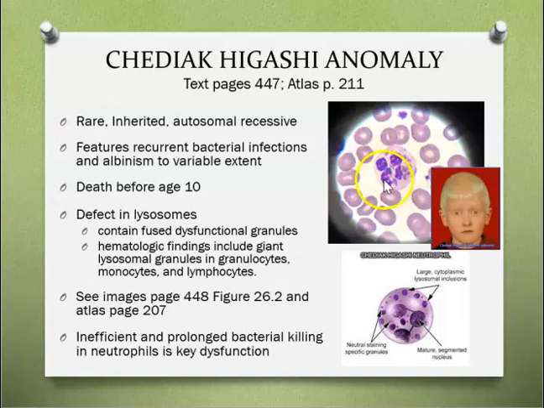It actually has a normal amount of segments to the nucleus, but all this extra stuff you're seeing, these extra little blobs, are those fused dysfunctional granules, and you can see a little bit better in this drawn image down here at the bottom. These granules actually look a whole lot bigger than they normally would because they're fused together. They almost look like a segment of the nucleus.